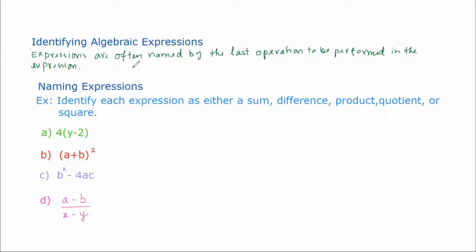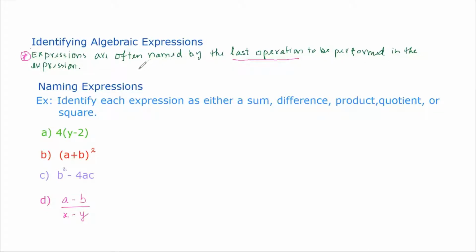Most of the time we do it by this, and this is very important: the expressions are often named by the last operation performed in the expression.